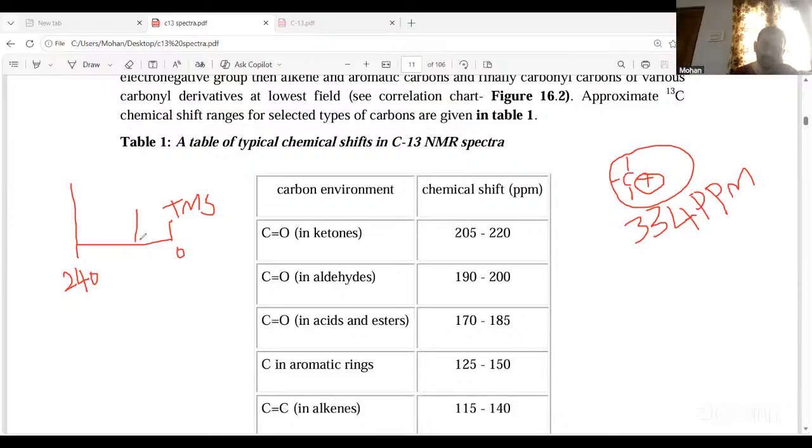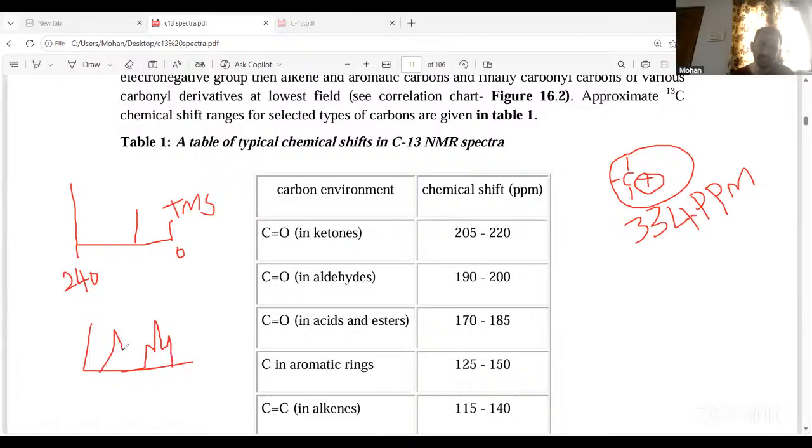If any signal appears in the 2D graph of the C13 spectra, you will see only line spectra, in contrast to the H1 NMR spectra. In the H1 NMR spectra, you can see multiplicity: triplet, quartet, singlet, doublet.